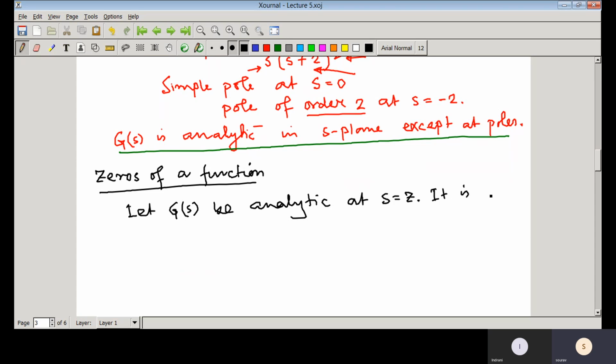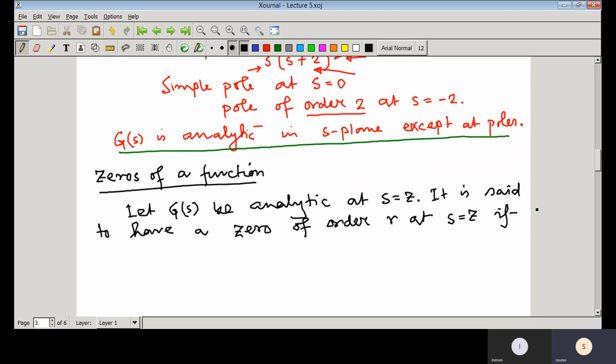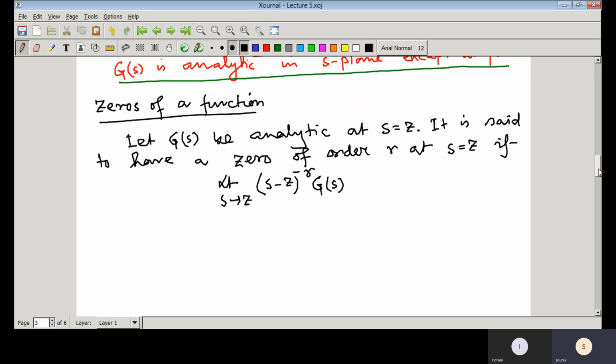It is said to have a zero of order r at s equal to z if the limit, similar to the definition of a pole, as s tends to z of (s minus z) to the power minus r, here you can see that this is minus r, that means just the inverse of that, times G(s) is finite and non-zero.